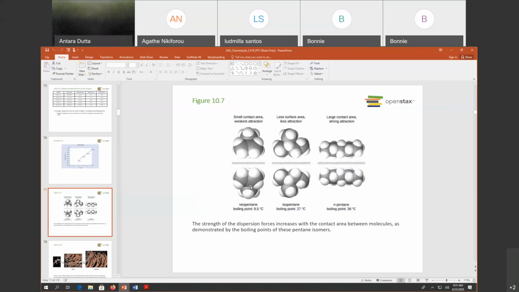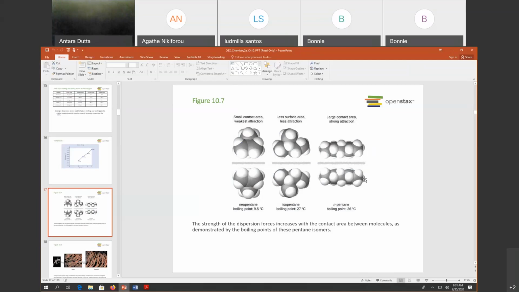Because of the bulkier nature, it should have the smaller surface area. And that's why it will come in contact with fewer molecules, because it is all about intermolecular forces, how they are sticking together. So the left-hand side should have the weakest LDF, the right-hand side should have the strongest LDF.